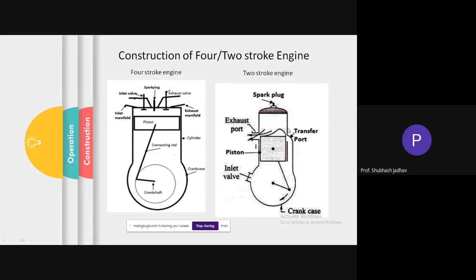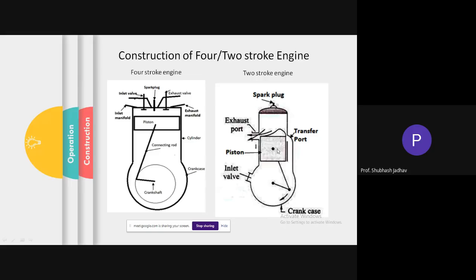But why does it have to flow? Because as the piston is moving down, the pressure over here is becoming positive. It is going to increase, and due to the higher pressure, the gases will have a tendency to flow. So whenever there is a gap over here, the mixture tends to flow into this particular region, and that is how the suction is happening.